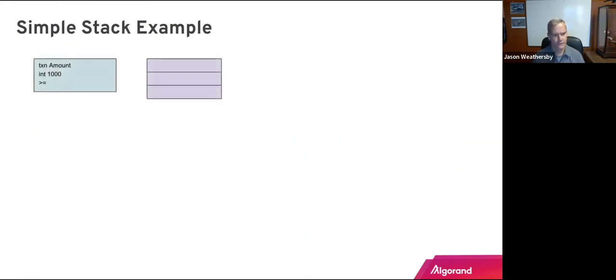Okay, so as a simple example, let me go through one little snippet of code. This is a snippet of code from a TEAL program, and what we have here is just 3 lines. The first one says txn Amount. What does that mean? Well, txn is an opcode. It's like the function.